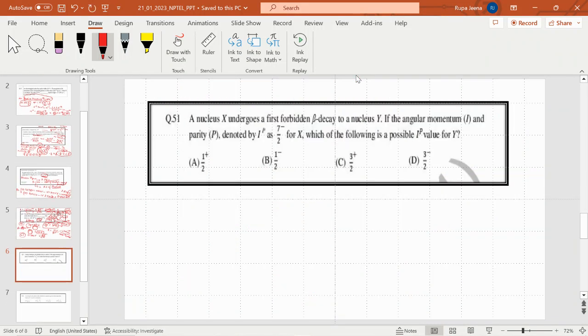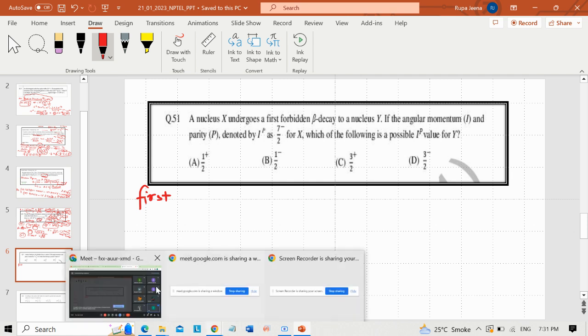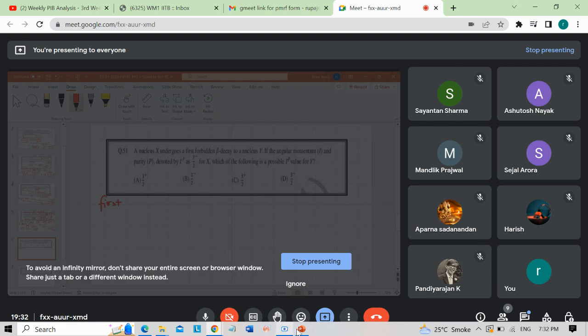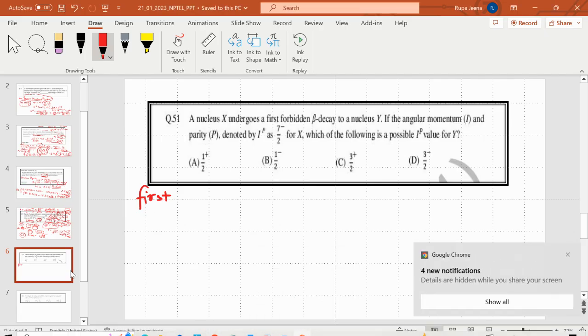Now next question. Do this question. Again I will give you the hint for this. So it is first forbidden beta decay. First forbidden. So here you can see it is first forbidden beta decay.